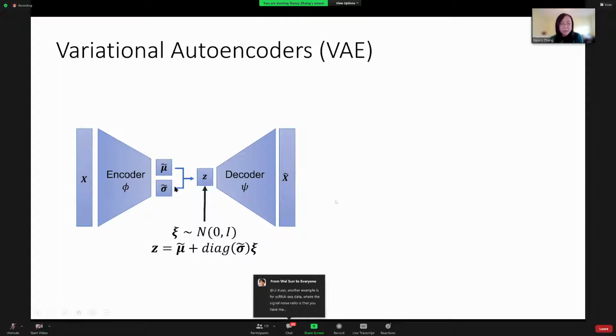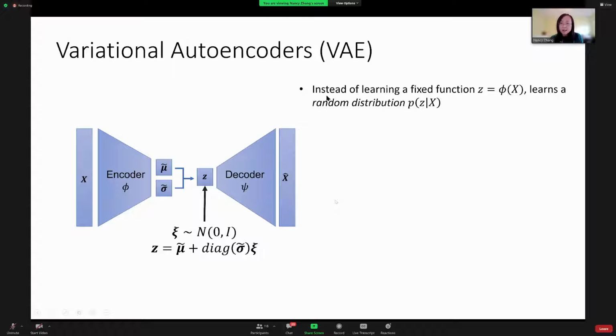What is different here is that in the bottleneck layer, what you learn is the mean and standard deviation vectors, which you then use to sample Z. So instead of learning a fixed function Z of X, you learn a random distribution, a conditional distribution of Z given X. And then from that Z, you want to decode back your X, and then you want to assess how well X hat approximates X.